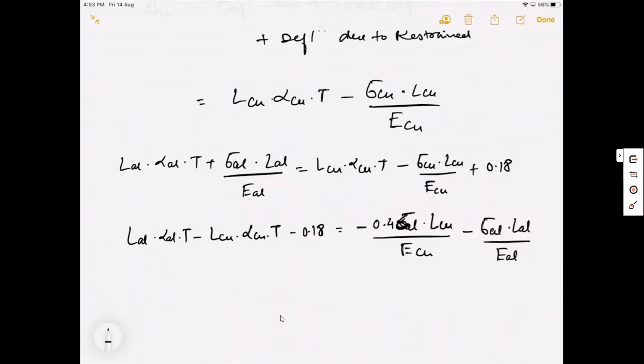When you solve this equation, my sigma aluminium will come out to be minus 16.67 megapascal.